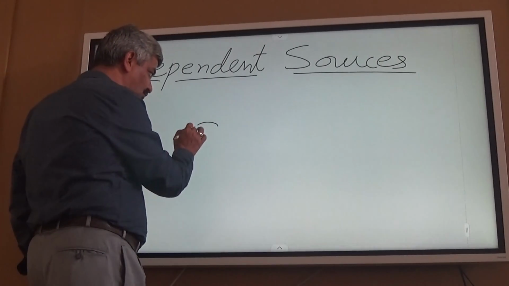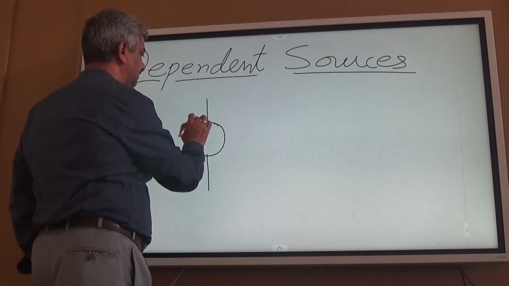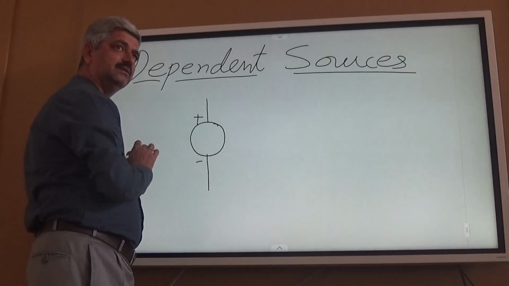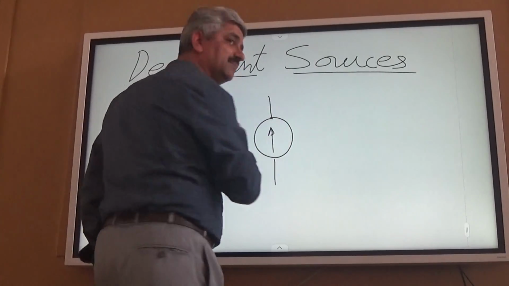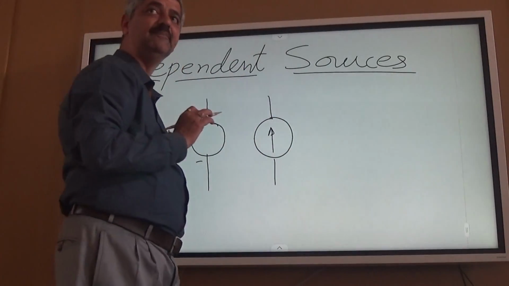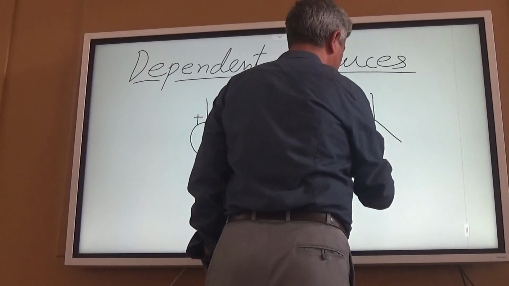the constant voltage source is shown by this. Constant current source is shown by this method, whereas dependent voltage source is shown by this.